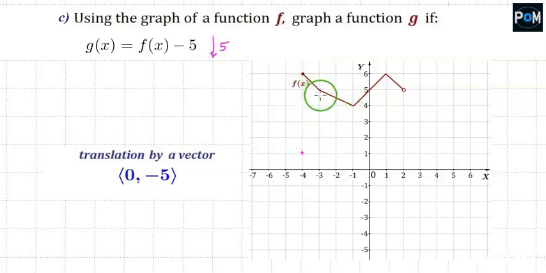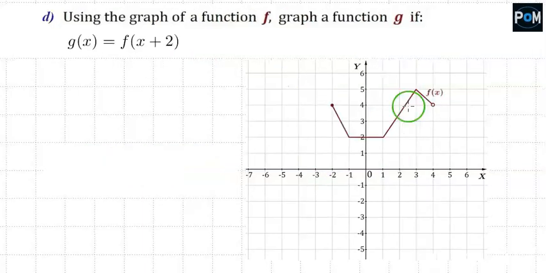We move this point 5 units down, it is here. This point 5 down is this one. Here another point 5 units down will be here, and this last point 5 units down will be here. The circle is open, and we can connect these points. This forms a graph. This is the graph of function g. So this time we moved function f downwards by 5 units.